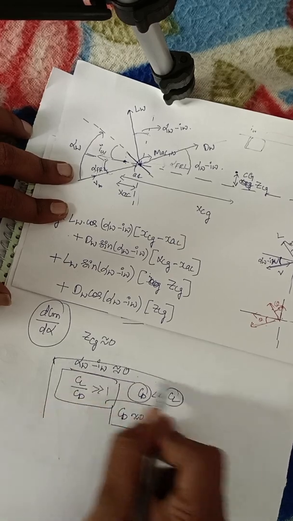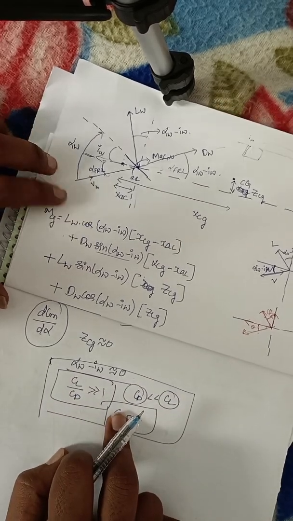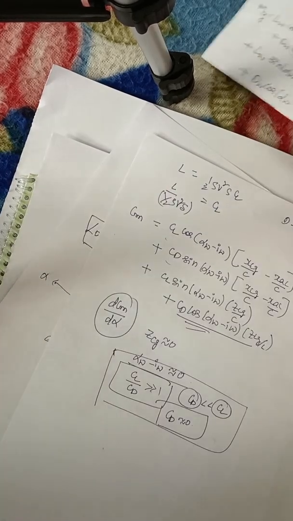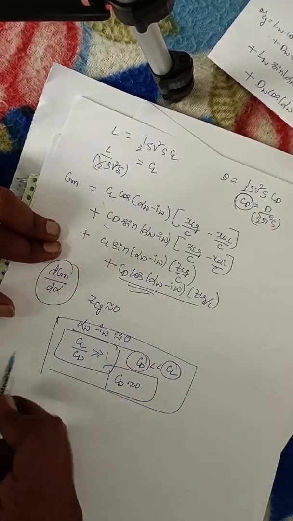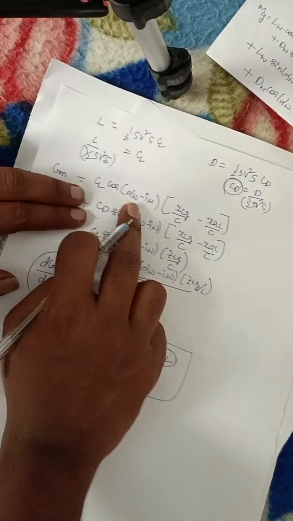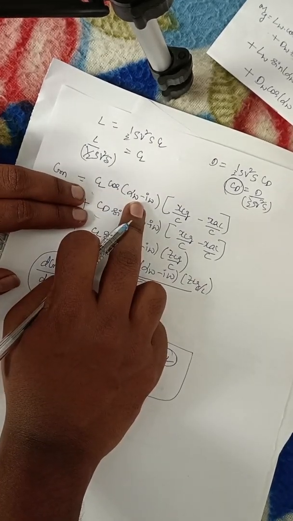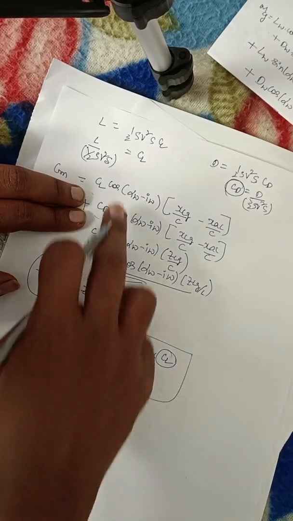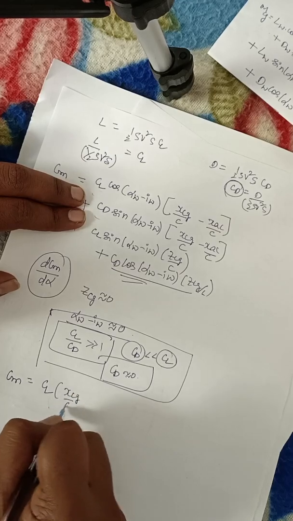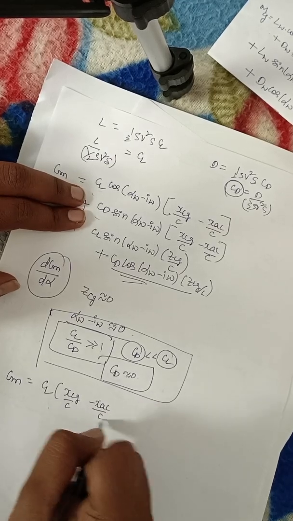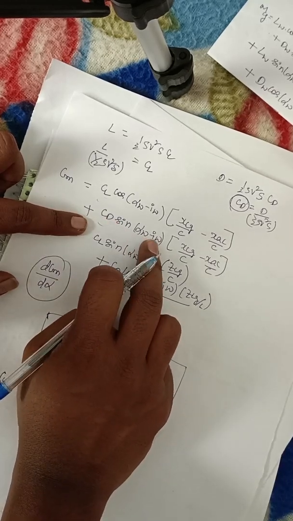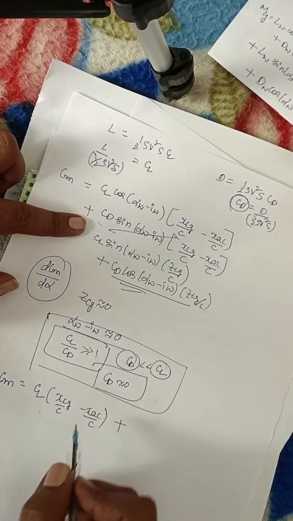With this assumption, if I write this equation, what CM will come? CM equals, if alpha_w minus i_w equals 0, cos 0 equals 1, you will get CL times (x_cg by c minus x_ac by c) plus sin alpha terms. If it is 0, sin 0 equals 0, this term will become 0.